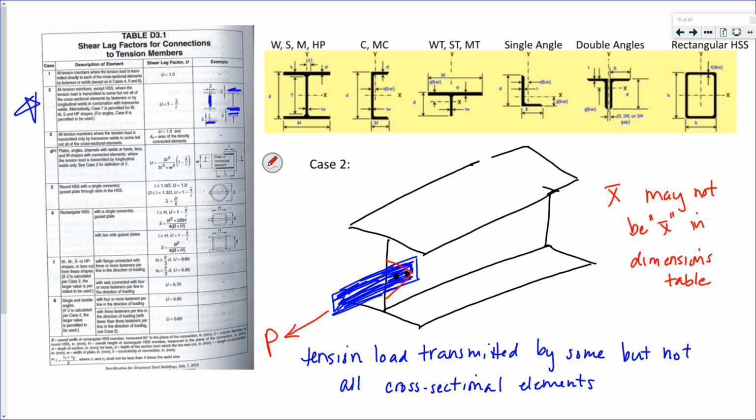So what do I mean by that? Let's look at a W shape. Any W shape would be fine. Go to page 1-26. I don't know.